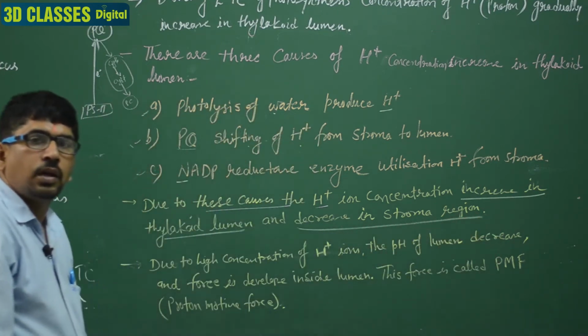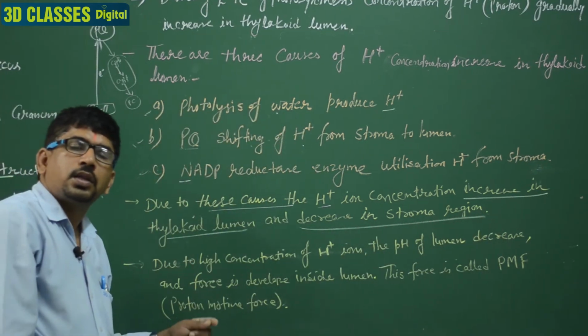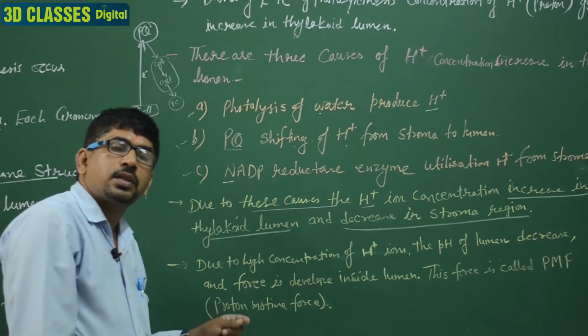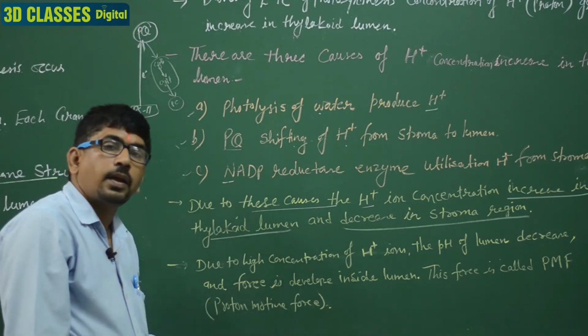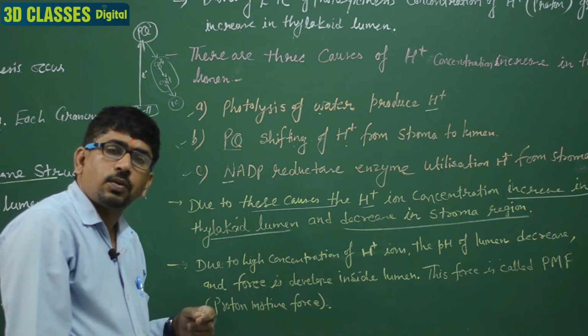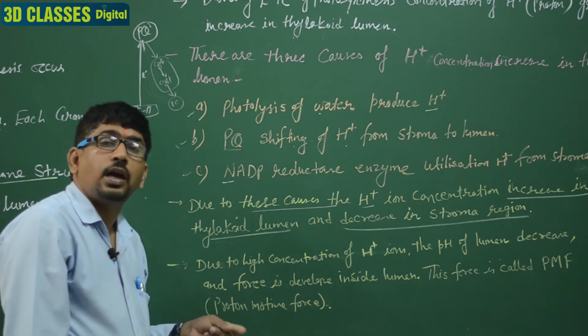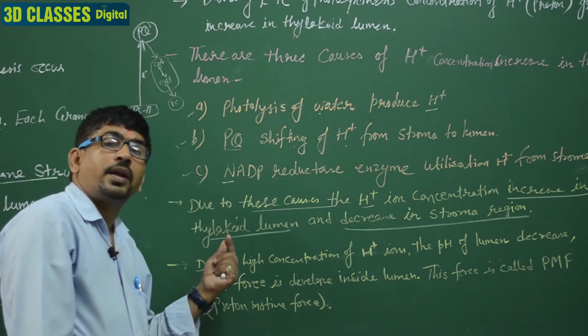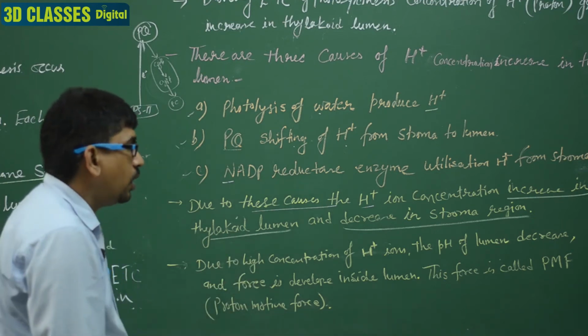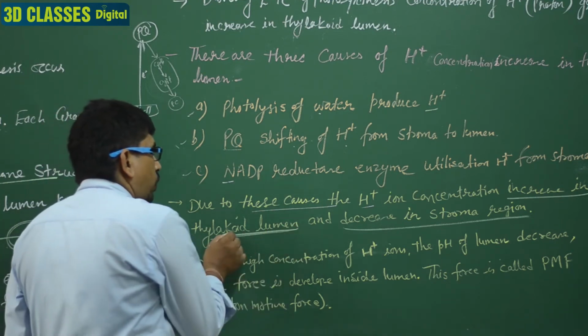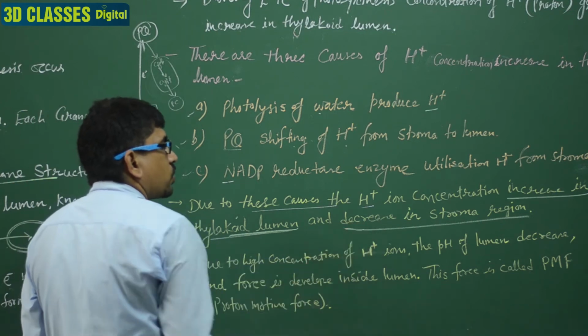Clear? Increase in the stroma region and decrease in the... sorry, that is wrong. The right one is: increase in the thylakoid lumen and decrease in the stroma region.